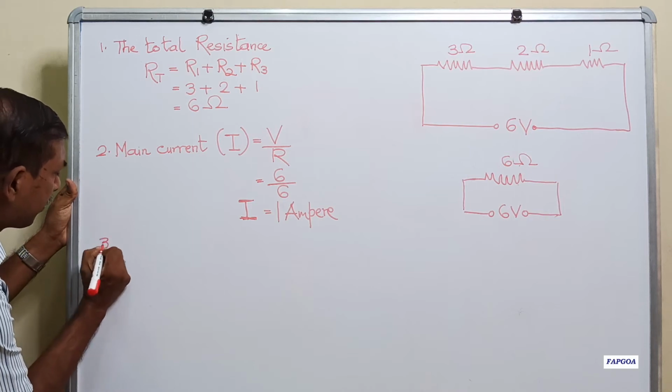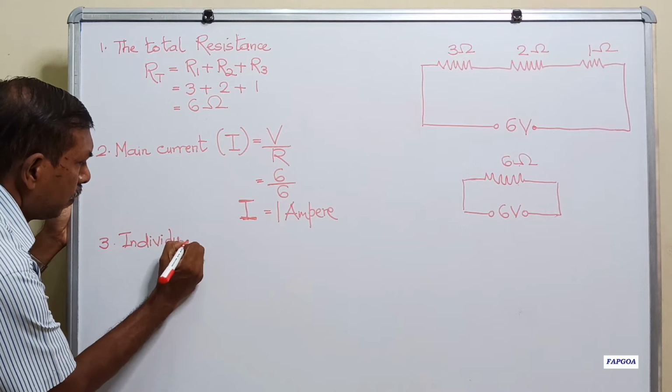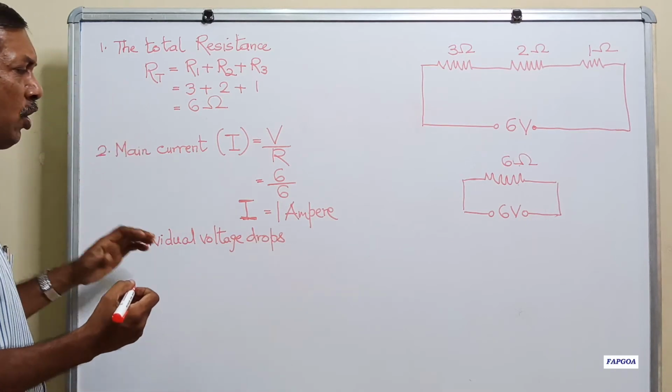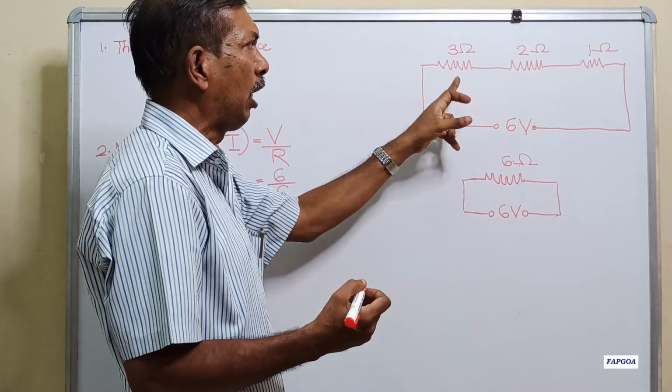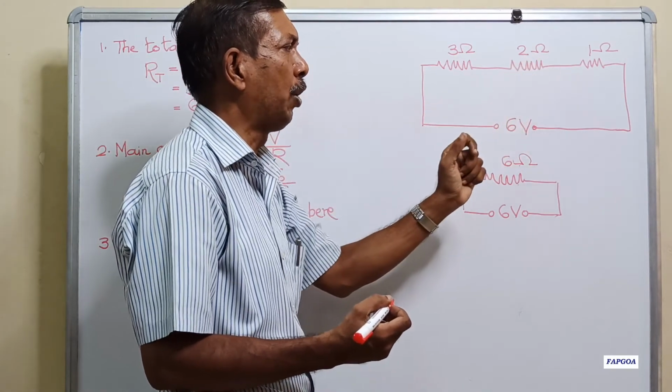Point 3, individual voltage drops. Individual voltage drops means the 6 volt will be dropped across 3 ohms, 2 ohms and 1 ohm.